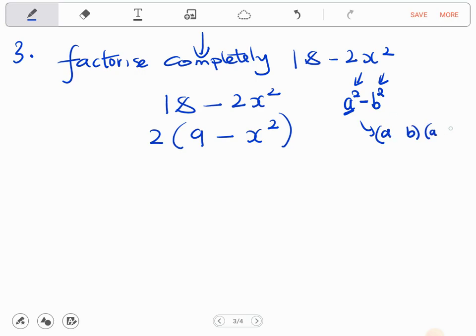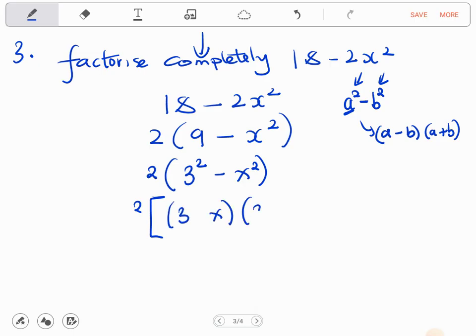You open the bracket twice of the same nature, just add and subtract. So same thing here. 9 is a square of 3. You agree, right? So we're going to open the bracket for 3 and x, again for 3 and x. Then we do what we did here, minus, plus.